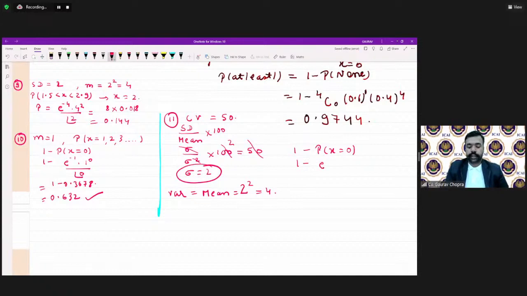So 1 minus e to the power of minus 4, 4 to the power 0 upon factorial 0. So 1 minus 0.018 and the final result will be 0.982.